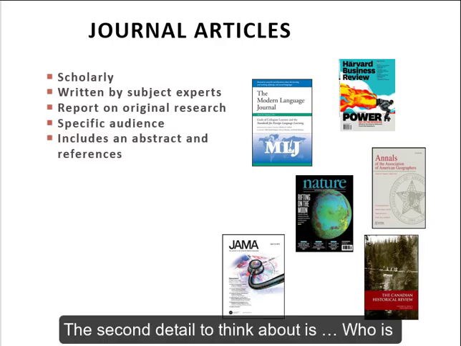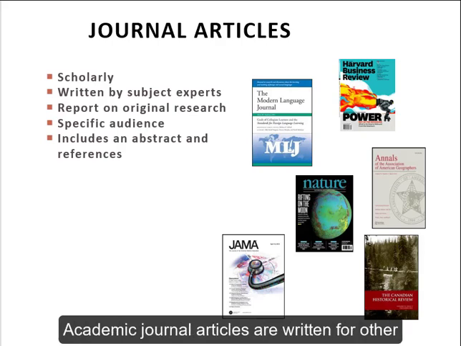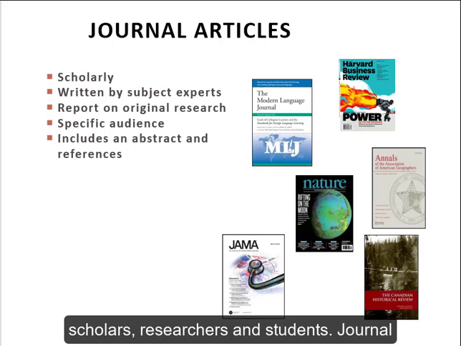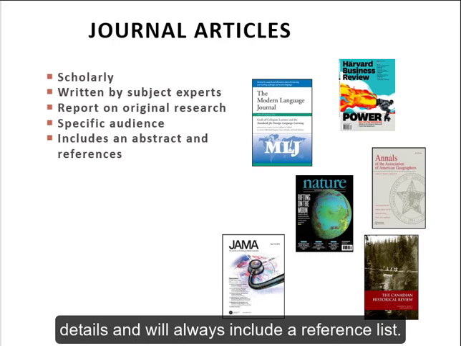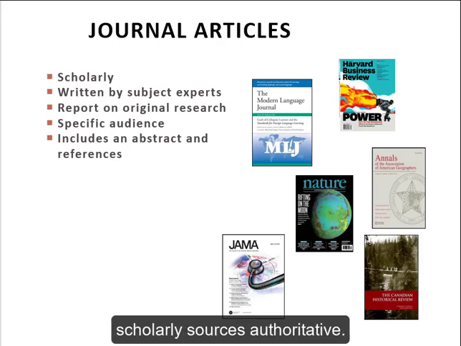The second detail to think about is who is the intended audience for the article? Academic journal articles are written for other scholars, researchers, and students. Journal articles may include an abstract, research details, and will always include a reference list. The list of references is really what makes scholarly sources authoritative.